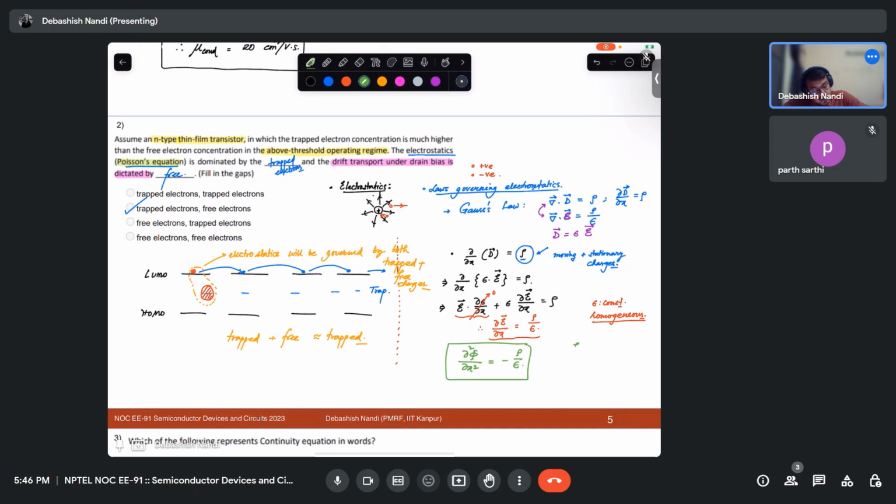Just put E equal to minus d phi over dx and substitute into this equation, and you will get this. This is your Poisson equation. Okay. So I think it is clear. Let's move on to the next one.